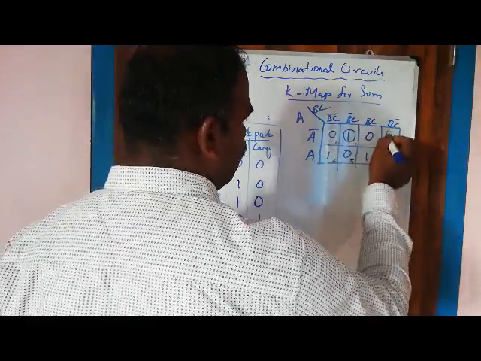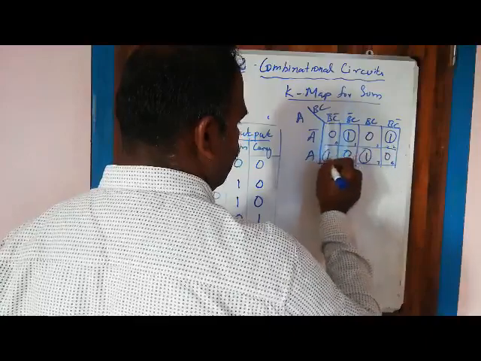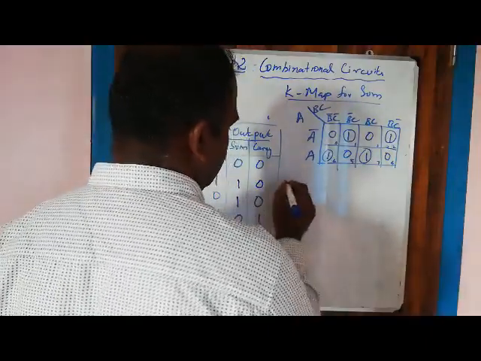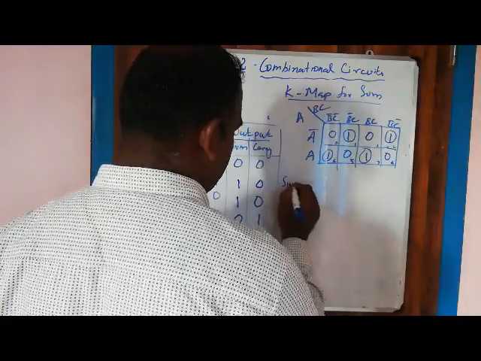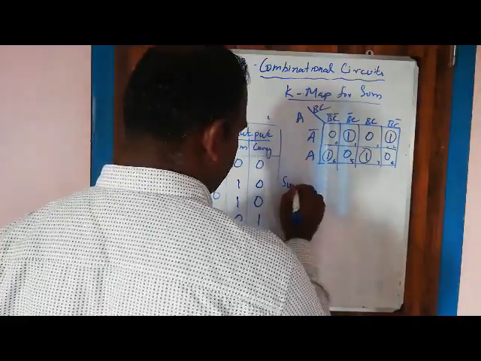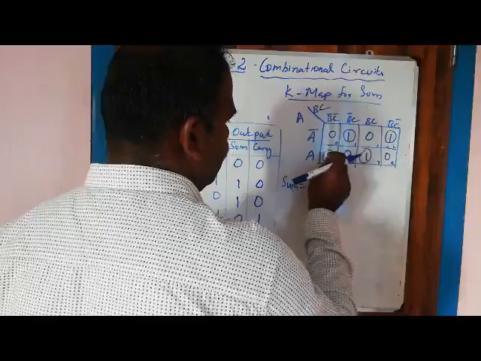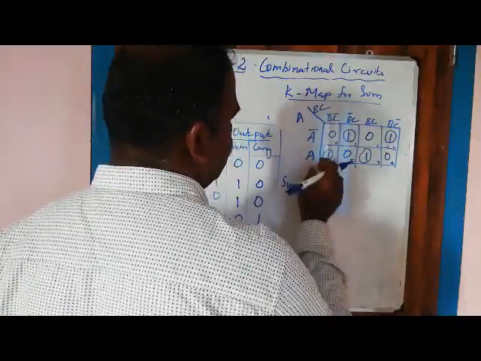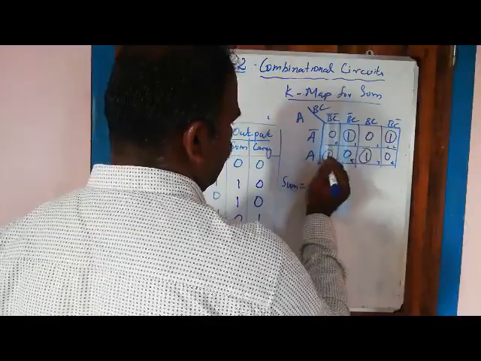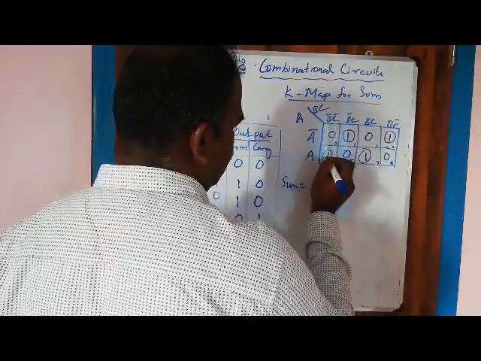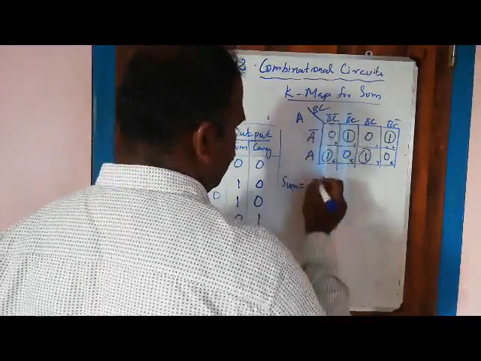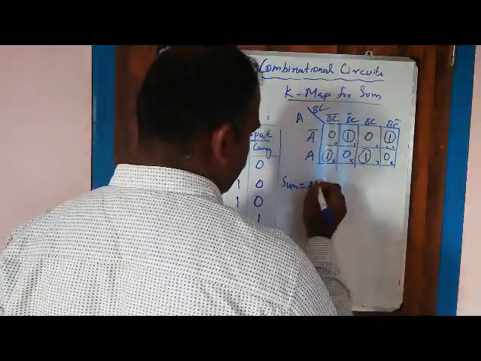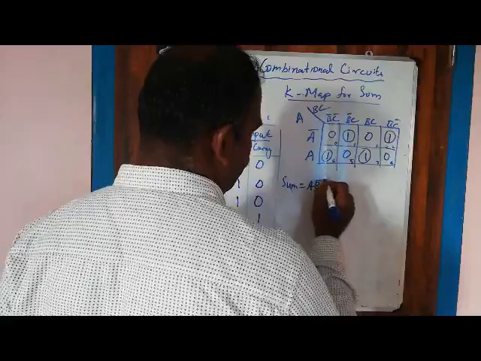There is 1, 1, 1, 1. So for this we have to write the sum equation. For this one, what is the expression? We have to compare the row and column variables. For this row we put A, for this column B bar C bar.